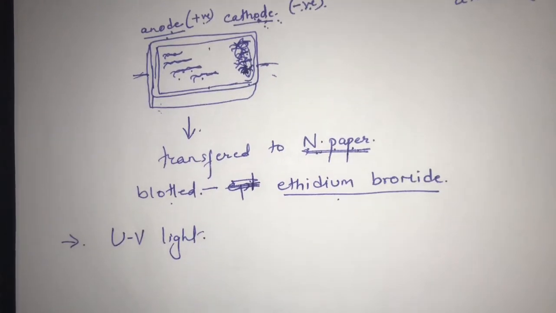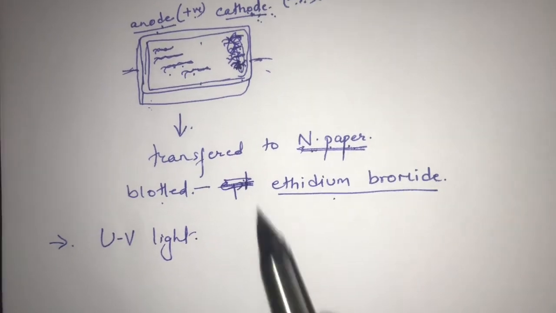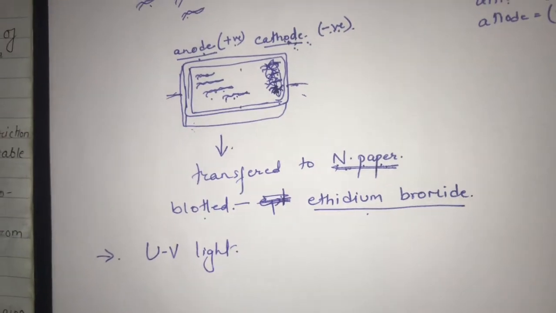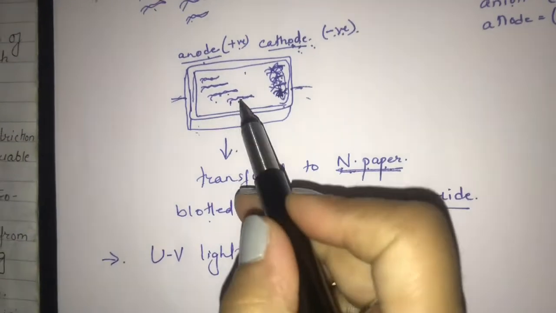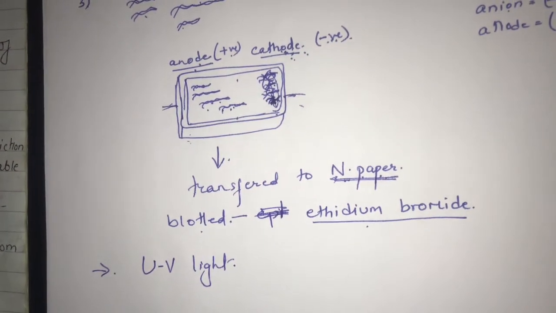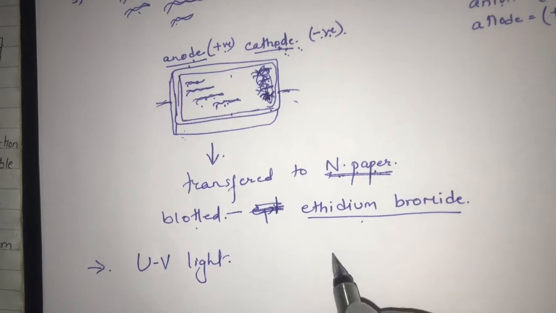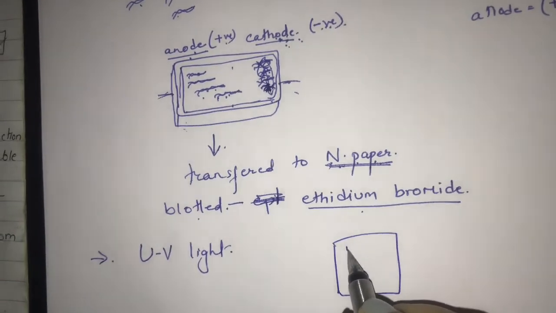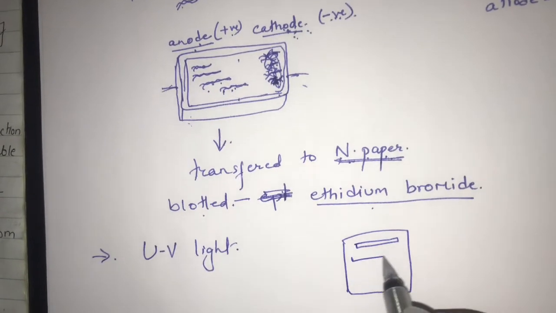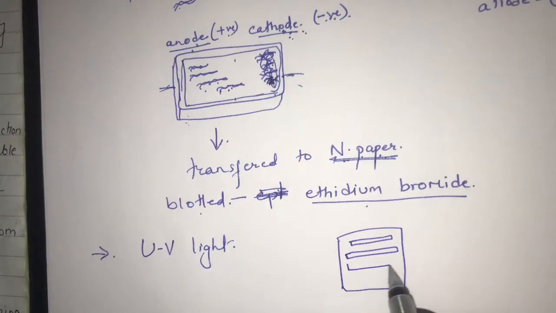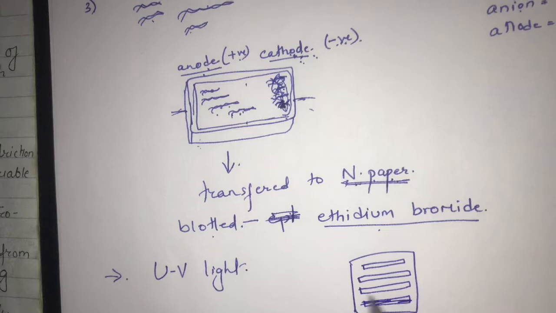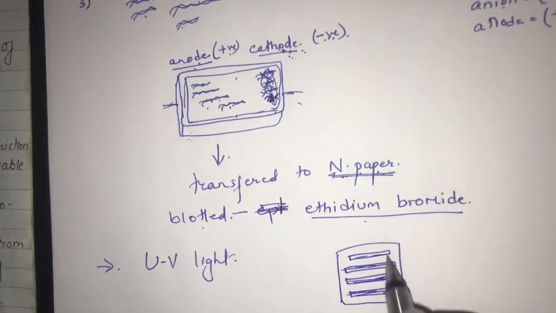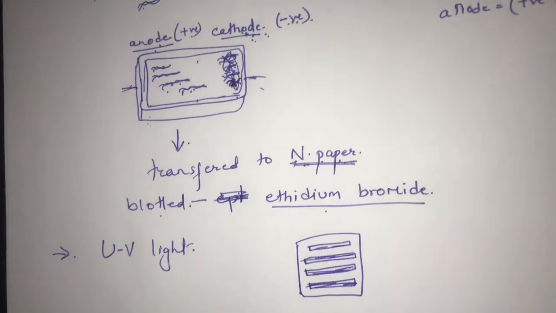Now, when it is exposed to UV light, the stained DNA, now the DNA is colorful, because it is stained with ethidium bromide. The colored DNA shows bright color bands like this. These DNA fragments will show bright color bands in the nitrocellulose paper when it is exposed to UV light.